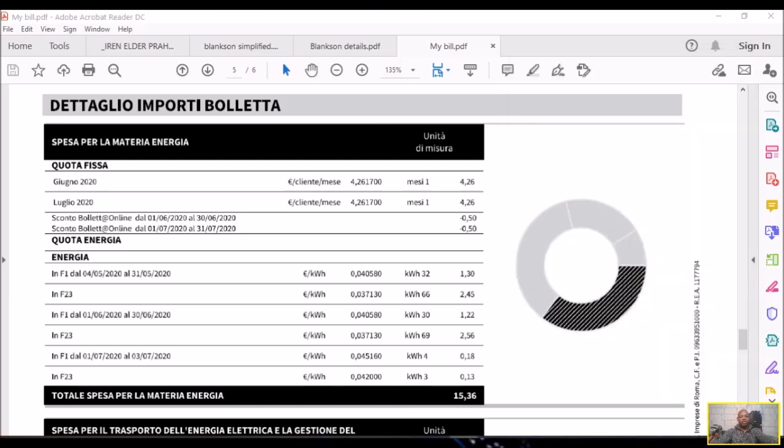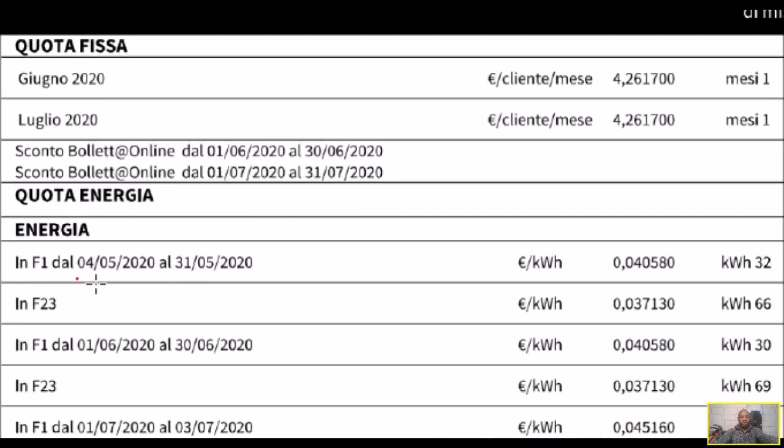The same way, in the same period, they calculated my F2 and F3, and the price I am paying for F2 and F3 is 0.037130. Bear in mind that the price of F2 and F3 is always less than the price of F1. Why? Because F2 and F3 take place throughout the night and on the weekends and also on holidays, and the prices around that time are less than the F1 prices.